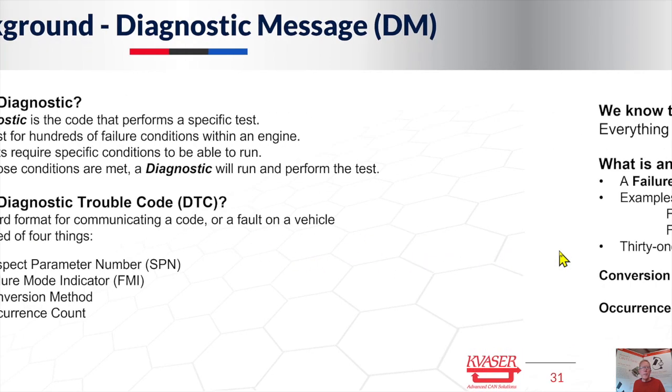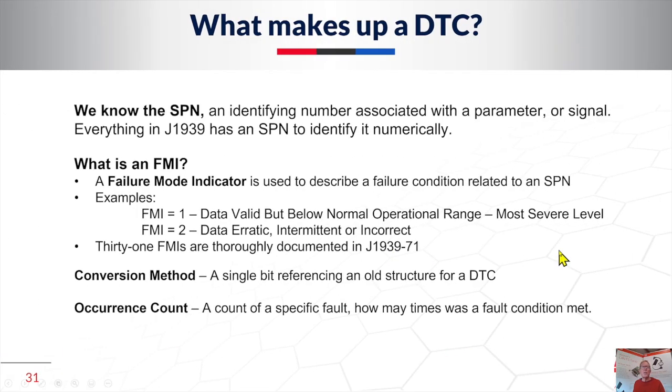So let's look at DM1 to further understand diagnostic messages and diagnostic trouble codes. We've looked at the SPN, an identifying number associated with a parameter or signal. Everything in J1939 has an SPN to identify it numerically. That's important. For the failure mode indicator I mentioned, here's FMI 1.